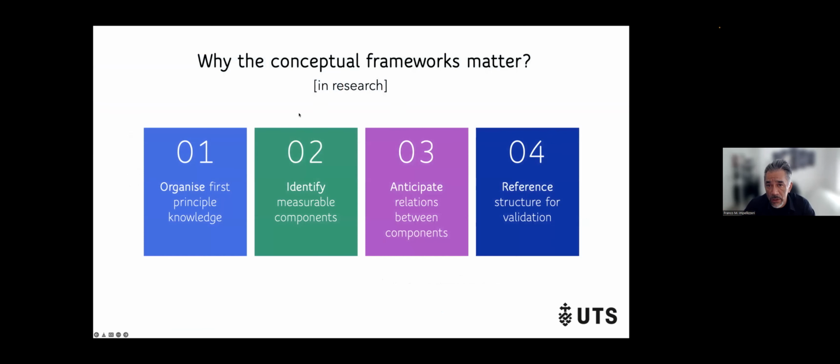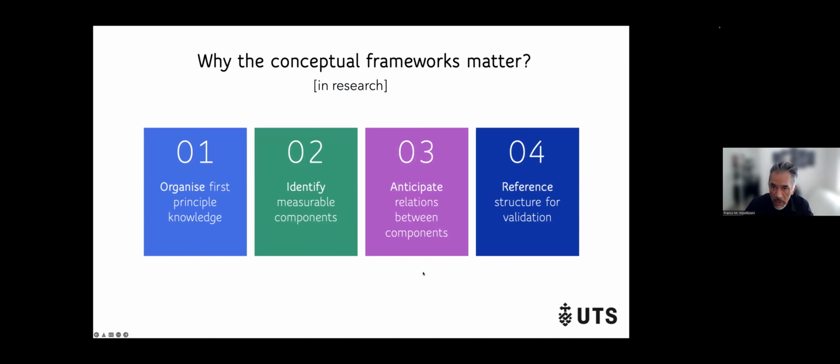In research, the conceptual framework is something that you use to organize the first principles, so you organize your basic knowledge. It's fundamental to identify the measurable components, which I will explain later. When you have a construct, you have to operationally define this construct. And you have to anticipate the relations.